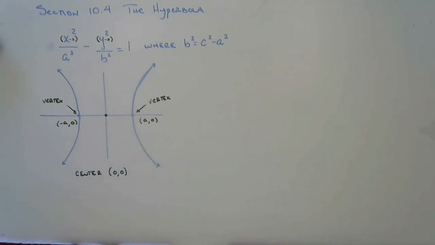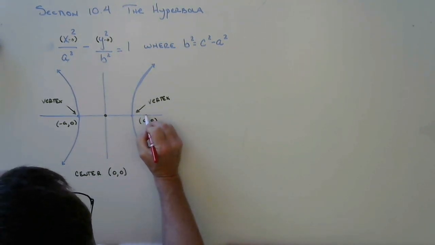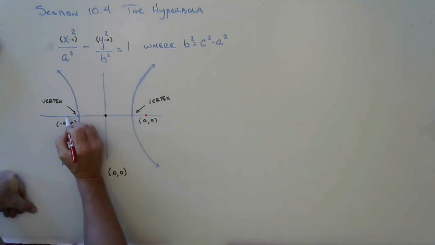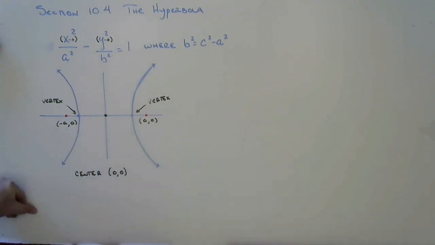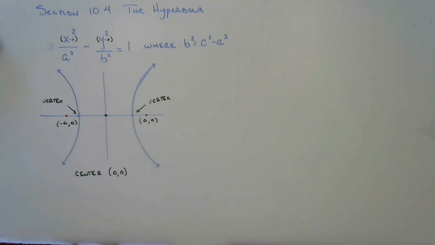Now, hyperbolas also have foci. Just like an ellipse, a hyperbola has two foci. So where is one? Well, one focus is going to be here, and the other focus is going to be here. It's very similar to the parabola in the sense that the focus is inside the curve of the hyperbola.